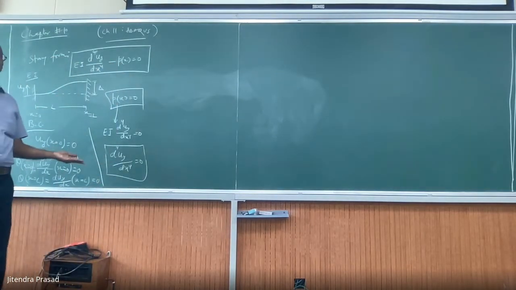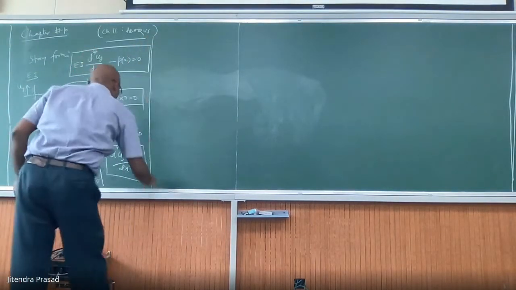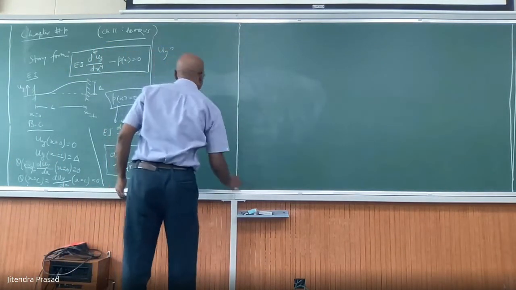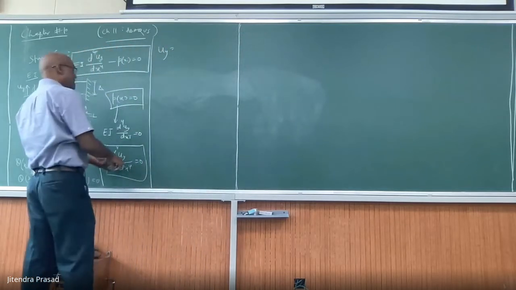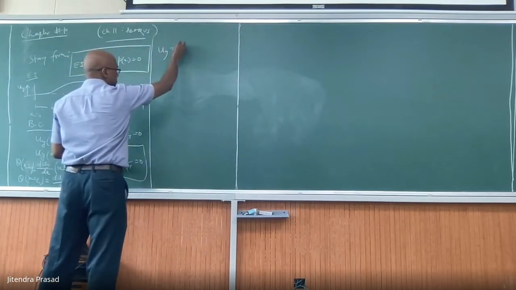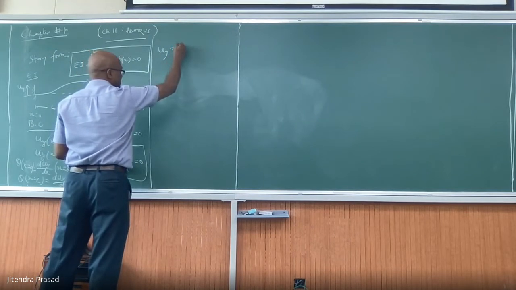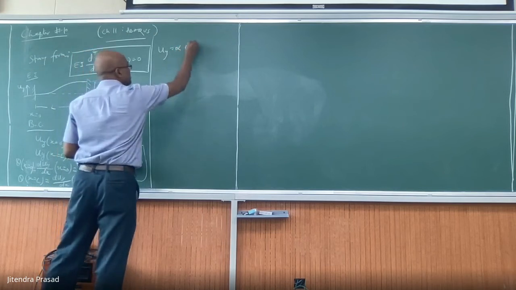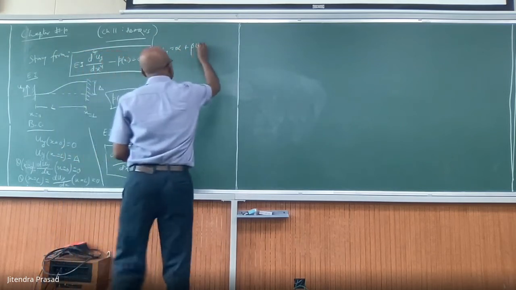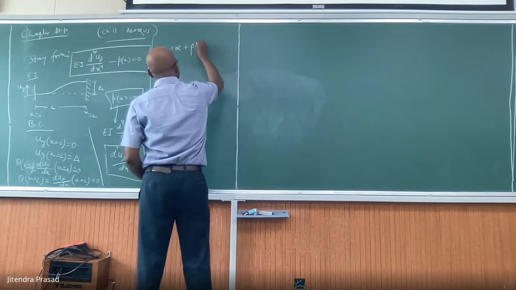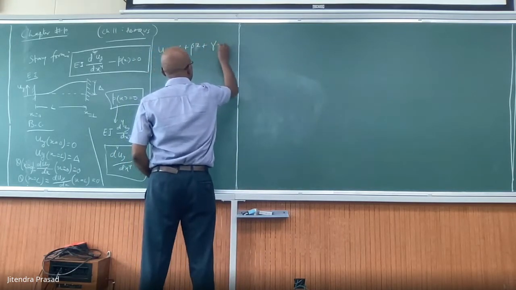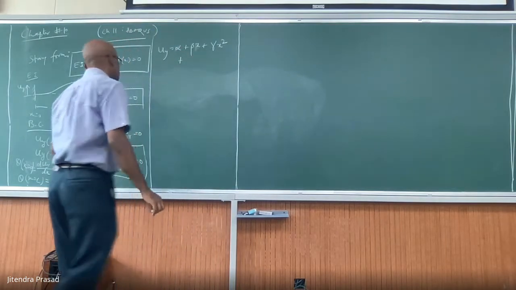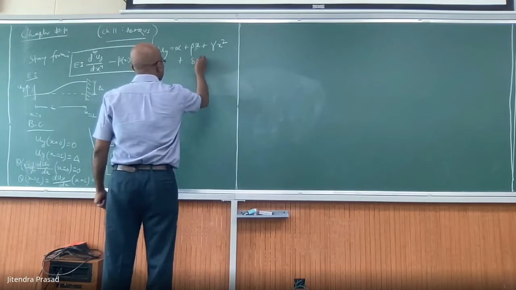Hence your solution will simply be Ui equal to alpha plus beta x plus gamma x square plus delta x cube.